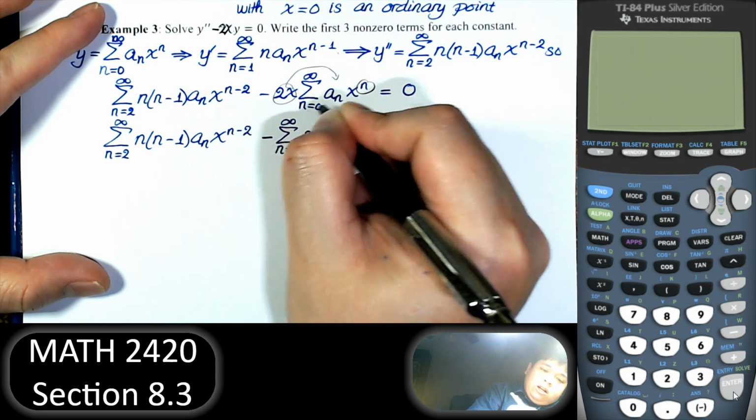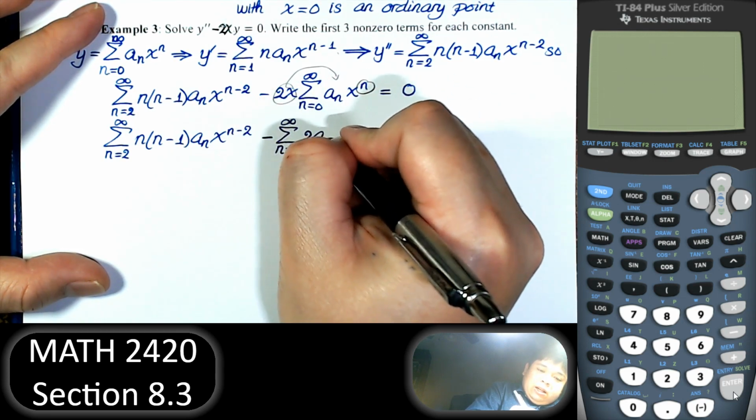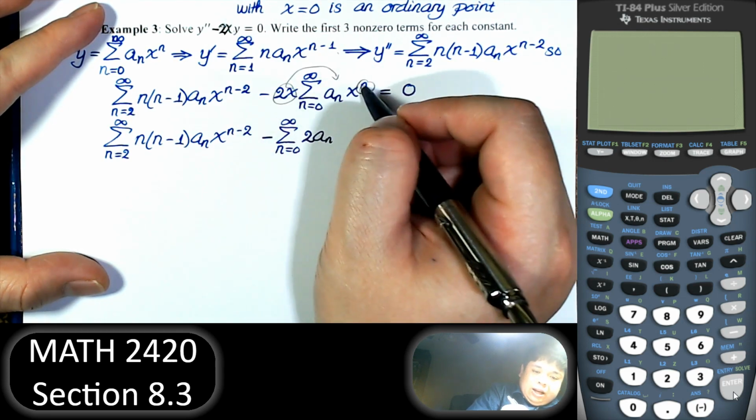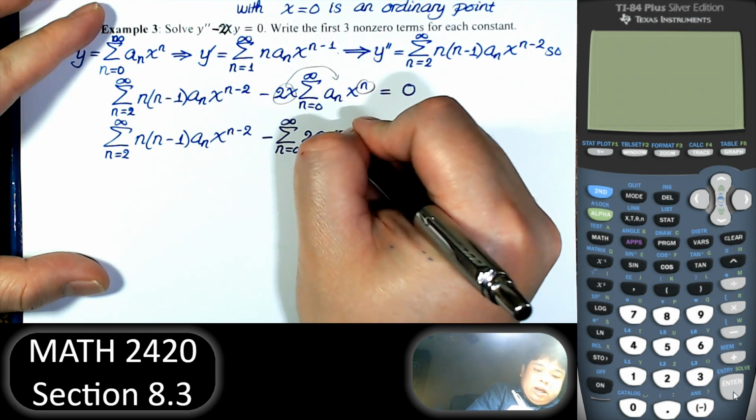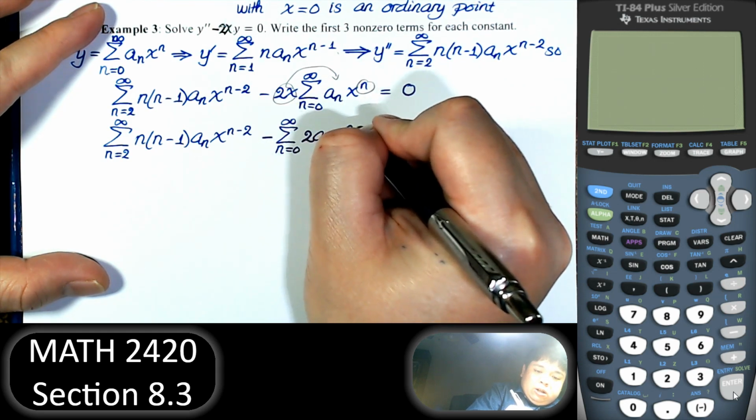The 2 inside, a sub n, then x and x to the n, multiply the power will be x to the n plus 1.